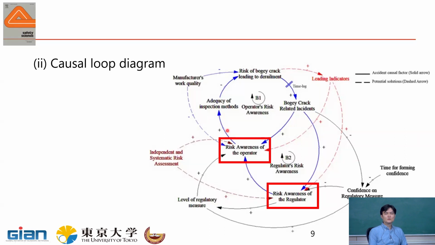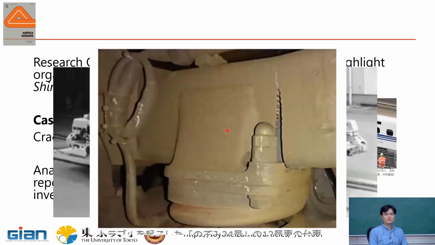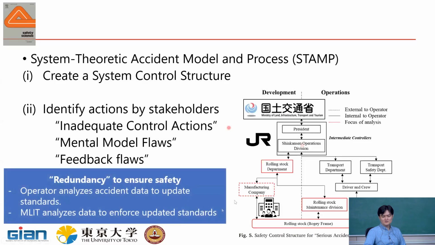So what really happened? Well, Professor Nico might need to fill in some of the details, but as I said, a manufacturing company was in charge of creating the bogie. Rolling stock department has relationships with the manufacturers. I believe at some point they changed the company that was in charge of that specific part.